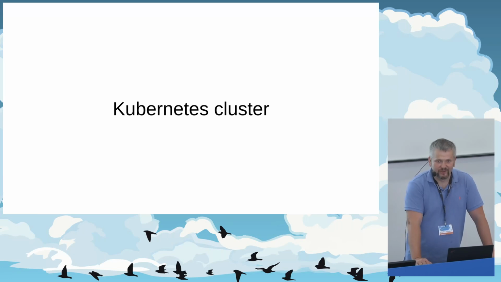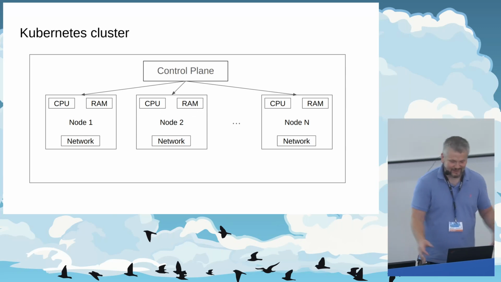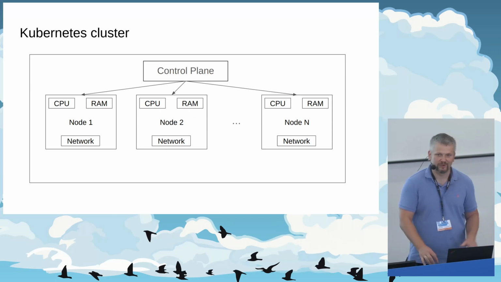Let's refresh our knowledge about Kubernetes. Probably somebody doesn't know how Kubernetes works. So let's refresh knowledge. Kubernetes is a cluster which runs on top of some hardware nodes, and it consists of a control plane which manages all these nodes.